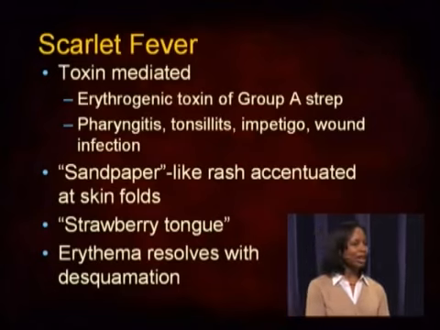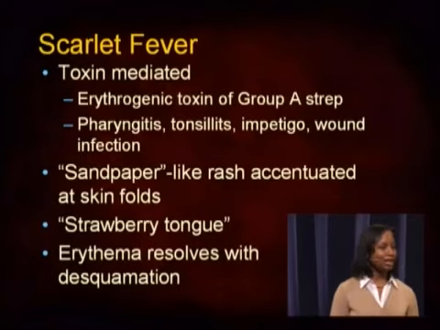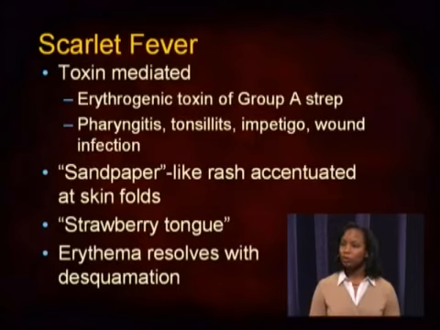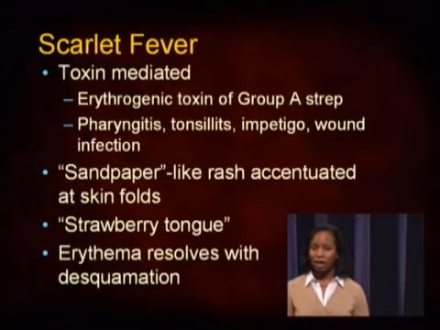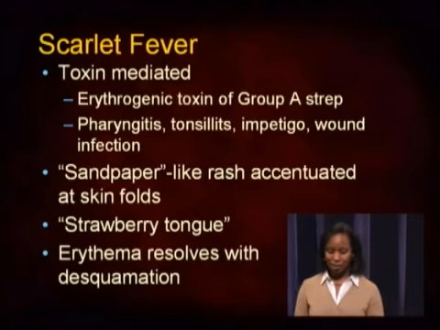Sometimes people can have accentuation within the skin folds, so they develop petechiae sometimes within the skin folds, and we'll see an example of that as well. Remember the strawberry tongue that we talked about with mucosal lesions? So I told you then that it's often toxin mediated, and scarlet fever was mentioned there. So here again it's coming back to us.